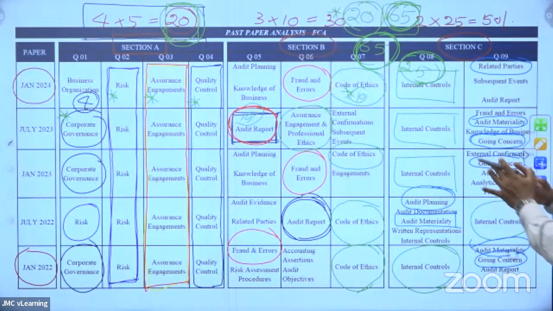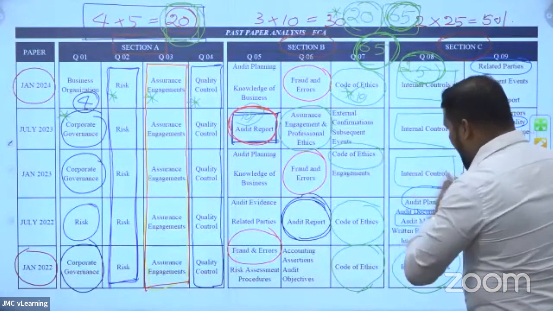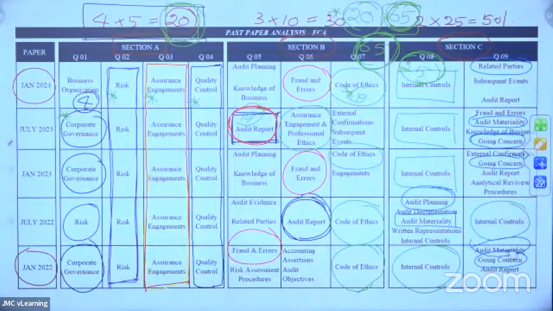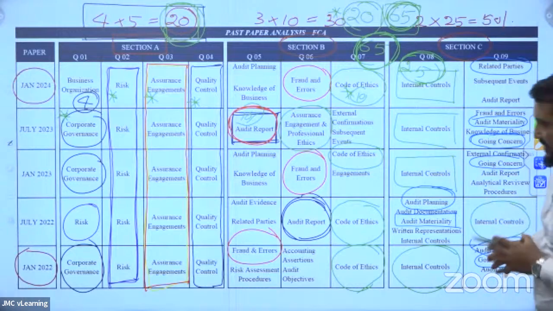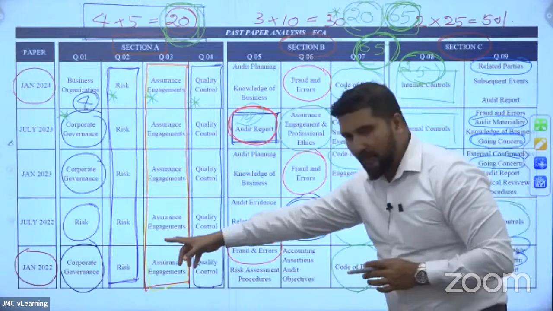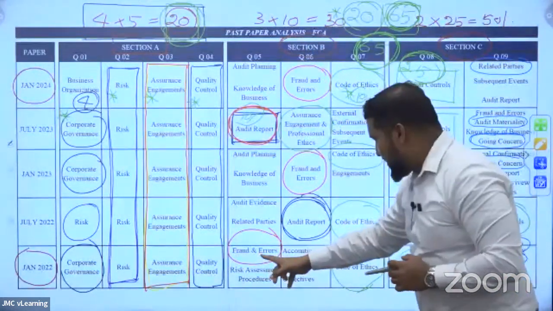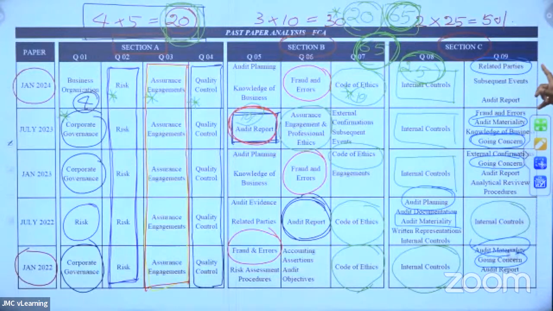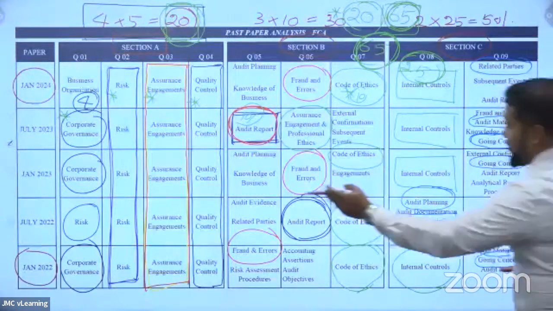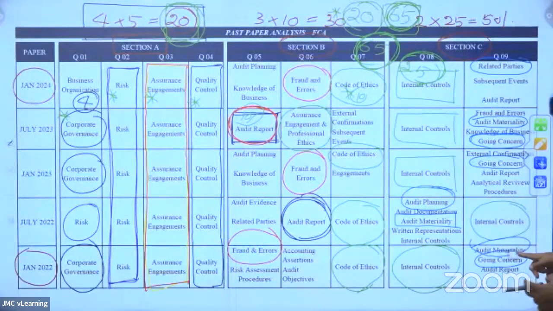So when you look at section B and section C, again you will identify a link. For an example, 2022 January paper, section B covers fraud and errors, whereas section C covers audit report. Clear?